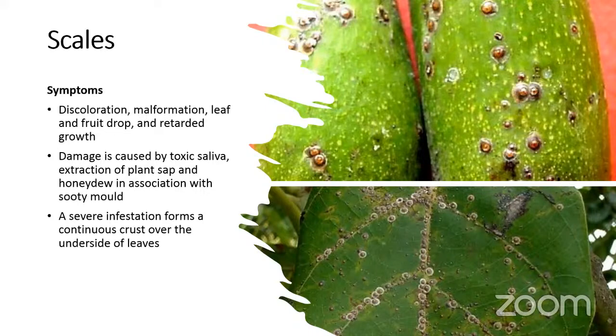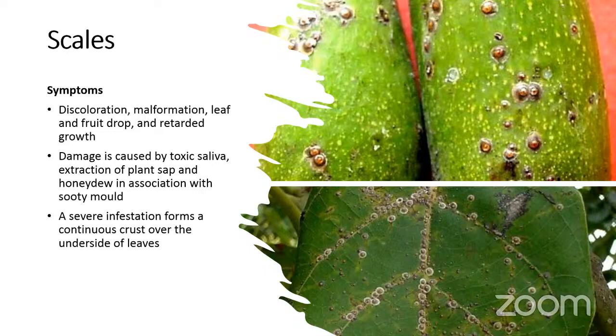Then there will be malformation. The leaves and fruit will drop, and retarded growth because they are sucking the sap. The sap is like the blood in the plants. Then the damage is caused by toxic saliva, extraction of plant sap, and also honeydew.